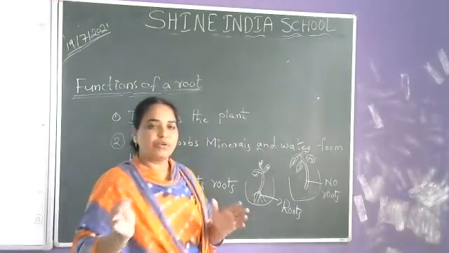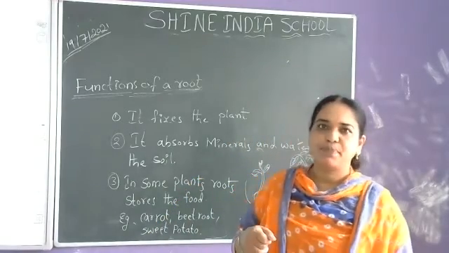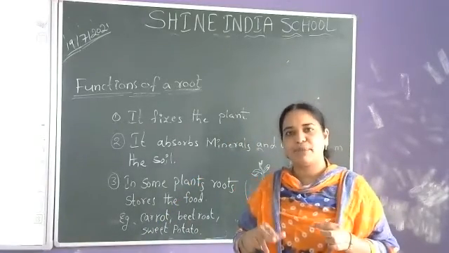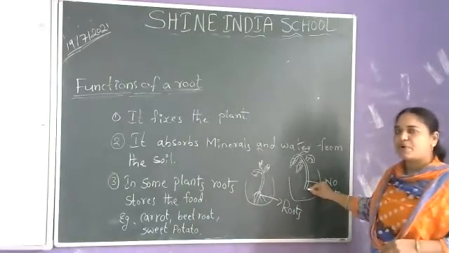If we take two potted plants, one plant is having roots, and we cut the roots of the other plant and again place it in the same pot without roots.